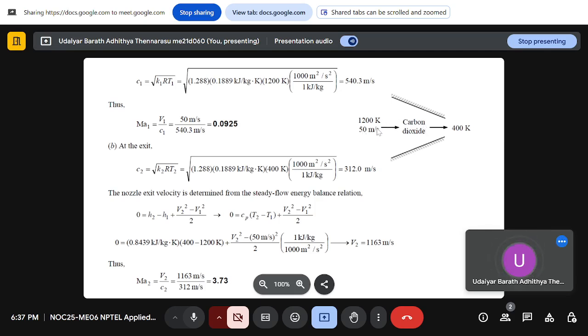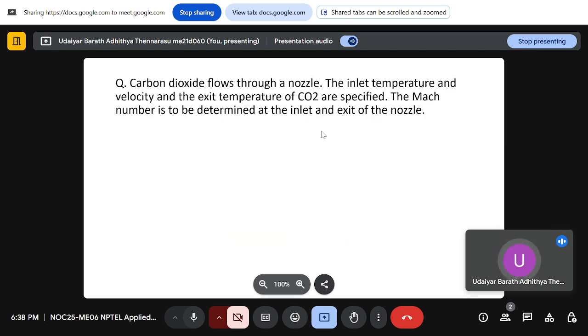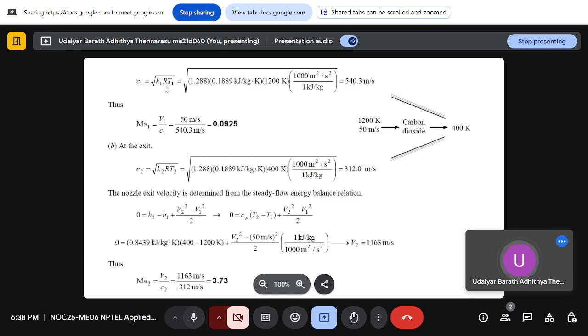So at inlet, my Mach number will be, assuming an ideal gas, root of gamma RT. So gamma is 1.288 into 0.1889 into 1200, multiplied by 1000 to convert the R value into joules.